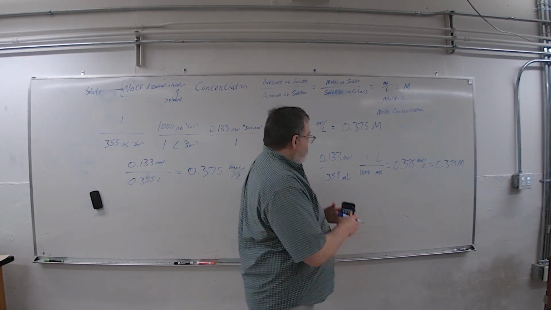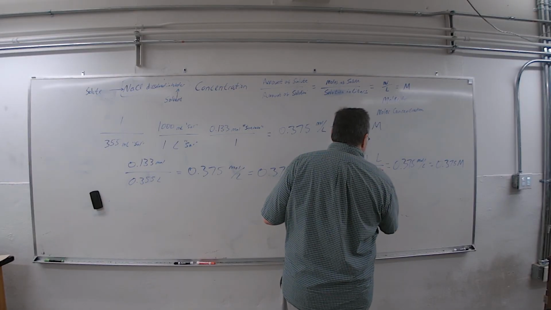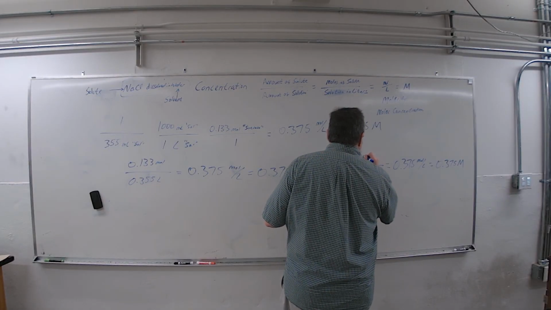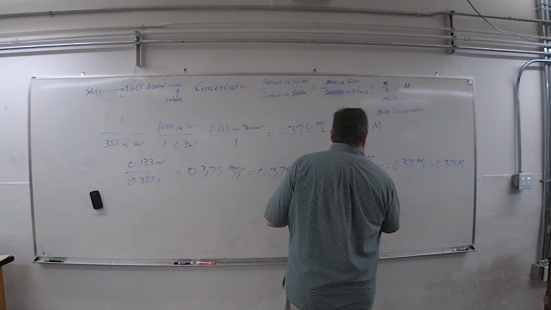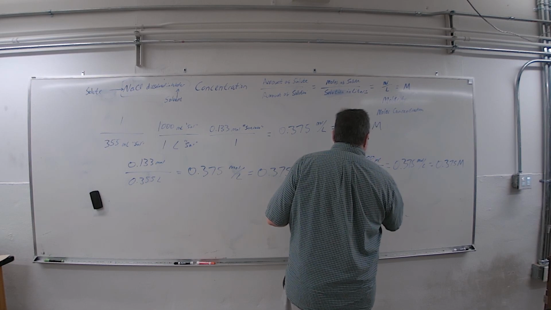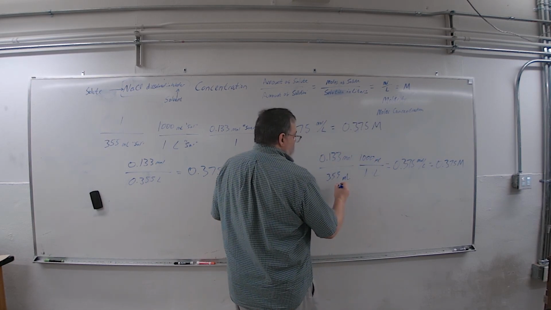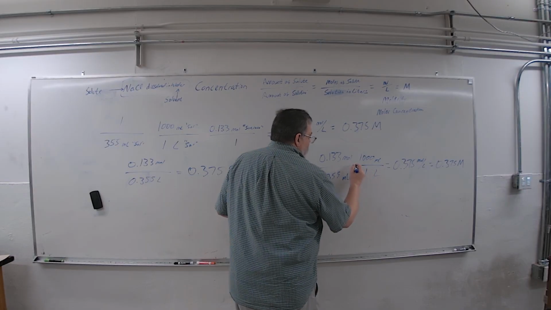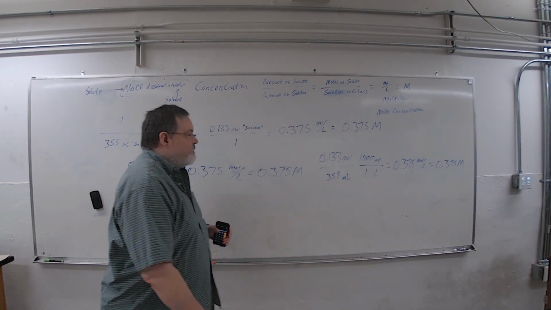I still have it wrong. 1,000 milliliters of 1 liter. There. Now the milliliters cancel, and you end up in moles per liter.